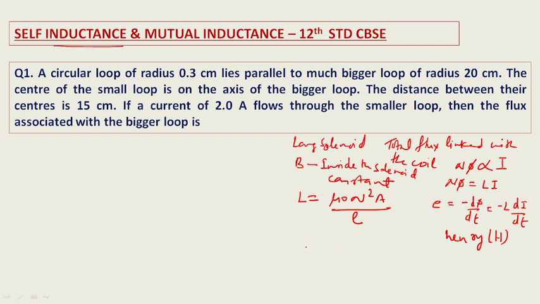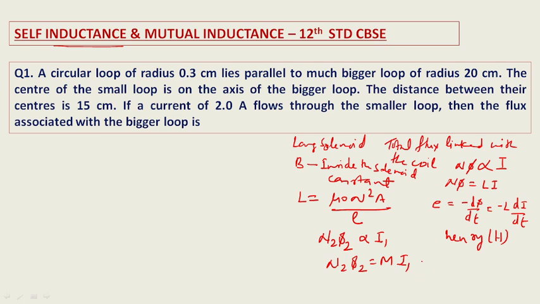Similarly, for mutual inductance, when there are two coils, N2 phi 2 is proportional to the change in current in coil 1. So the flux linked with coil 2 is proportional to the current in coil 1, and we write N2 phi 2 is equal to M I1.